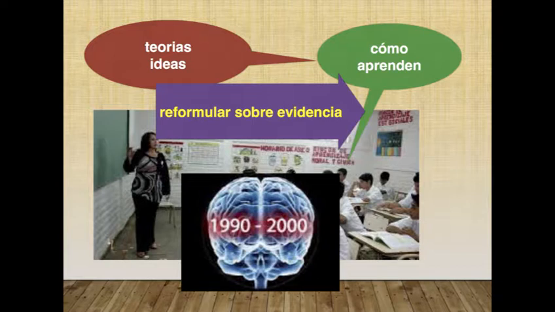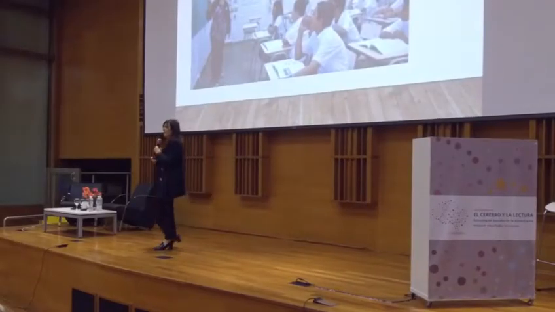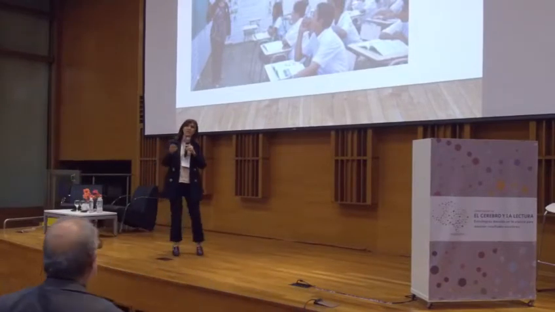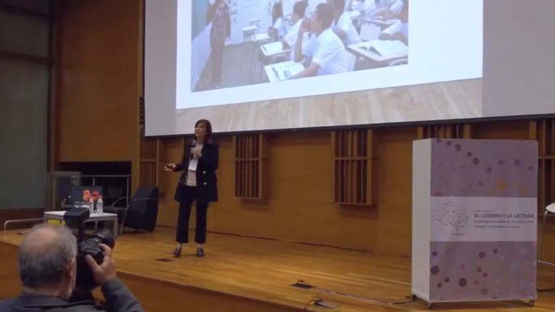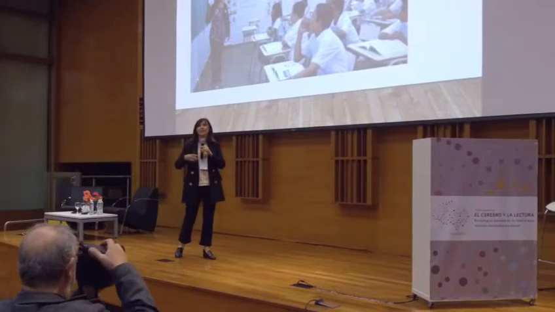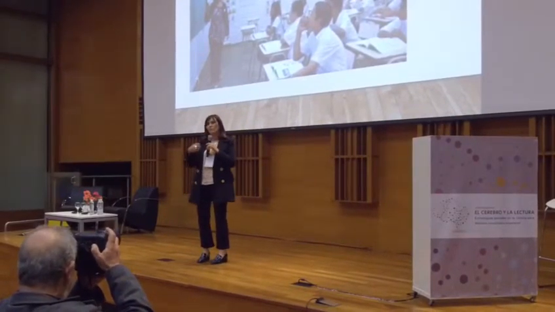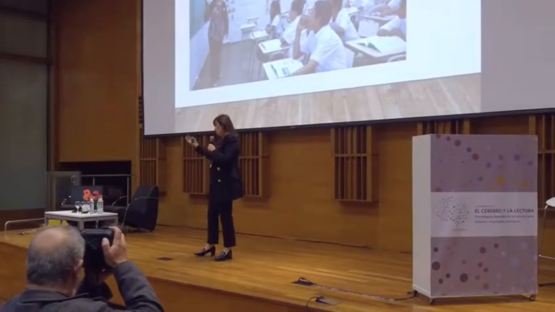We're talking about using evidence for an improvement in education, use evidence to improve how we teach as well. In the second half of last century, especially between the 50s and the 80s, there were so many important theories that came about regarding teaching and learning. It was a very important decade.